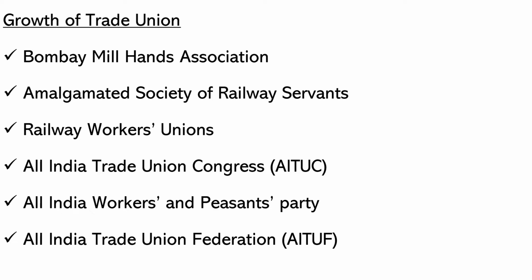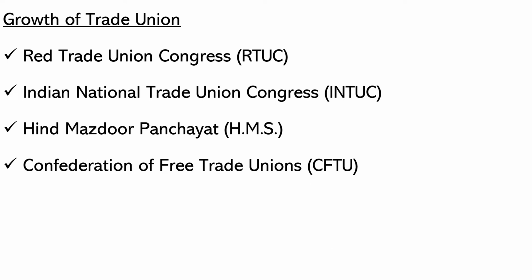That is, All India Trade Union Federation was formed under the leadership of NM Joshi. After that, in 1931 there was another split in AITUC, and Red Trade Union Congress was formed by BT Ranadive and SV Deshpande. Just remember it as a story all these years, and under whose leadership these unions were formed.